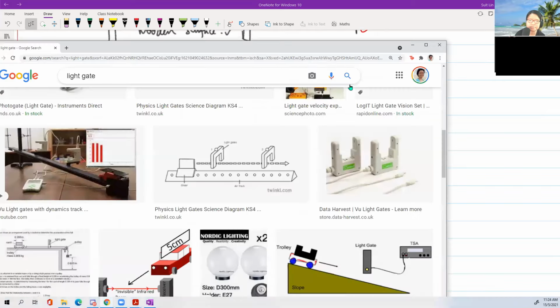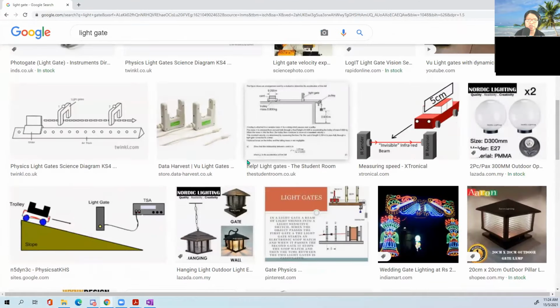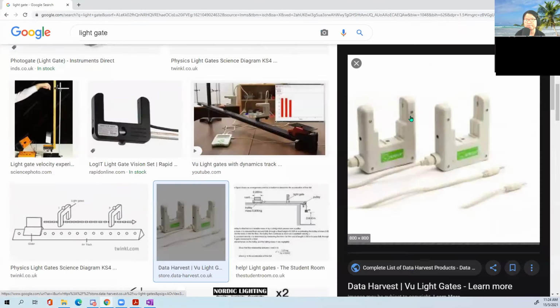So a light gate looks like this. Okay, so you see this connecting device. We can put this inside a computer, and the computer can calculate velocity for you.